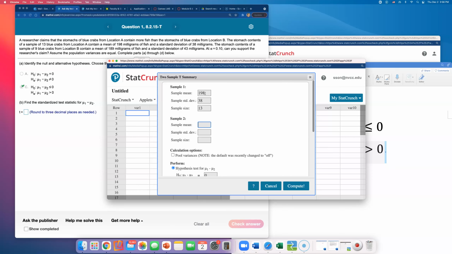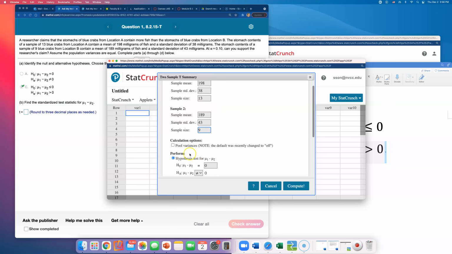Alright, sample mean for sample 2 was 189, and the sample standard deviation was 43, and the sample size was 9. Alright, the question is, should we pool variances, yes or no? Well, when the population variances are assumed to be equal, yes, you have to pool variances. So please click on pool variances.